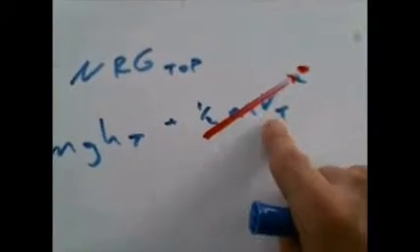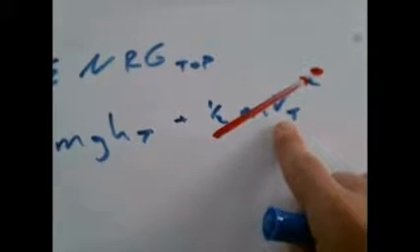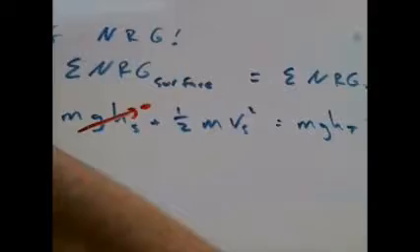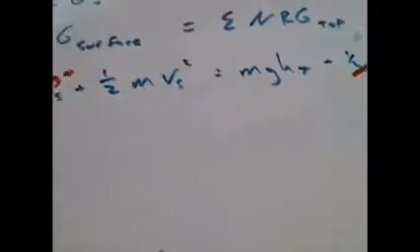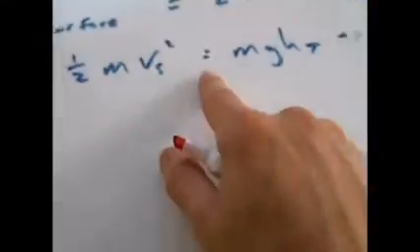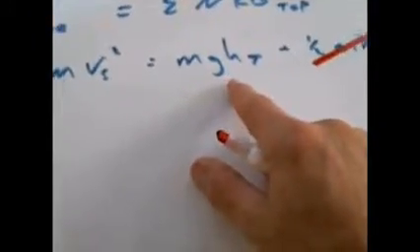Again, the velocity at the top is 0 because those water molecules come to rest before they come back down. The height at the surface is 0 also because ground level we called nothing. What we're left with is simply that the kinetic energy at the surface is the same as the potential energy at the top.